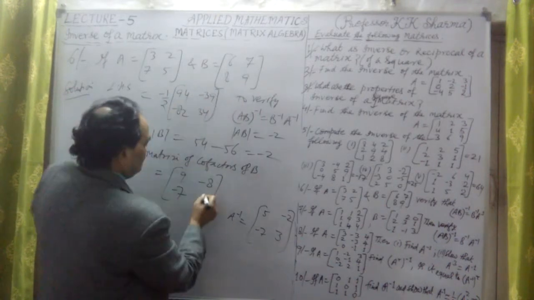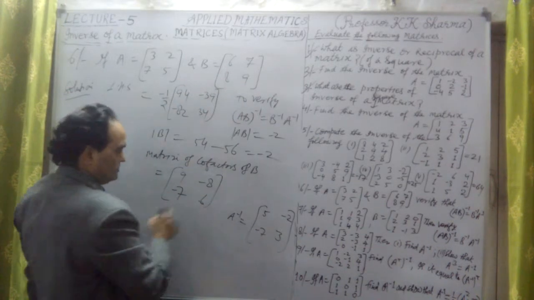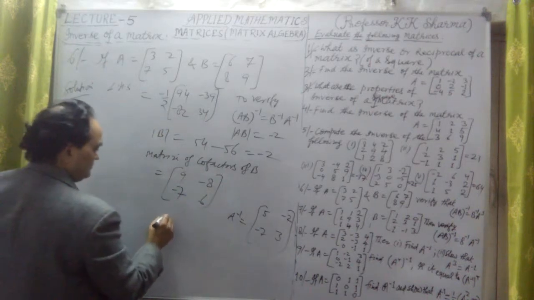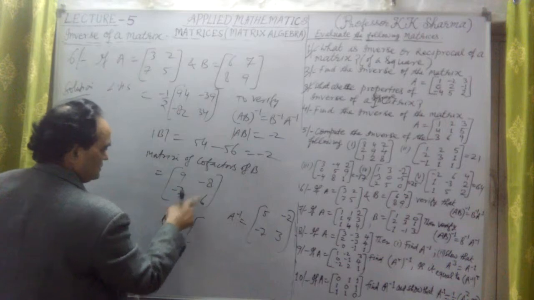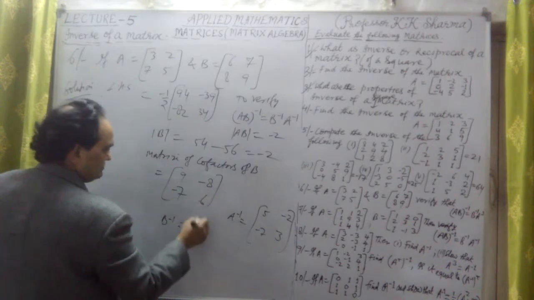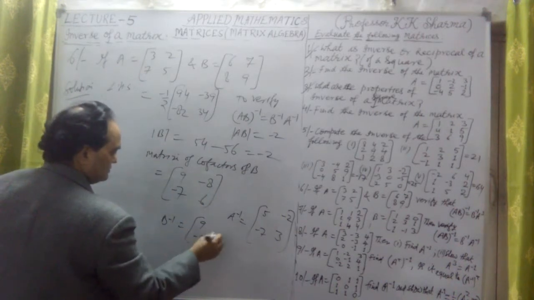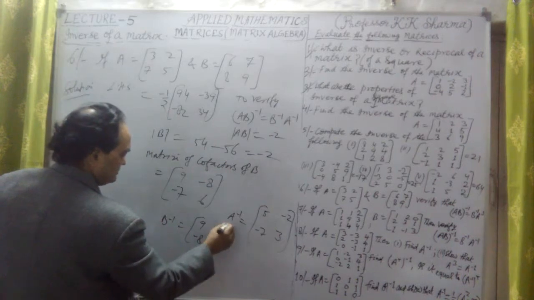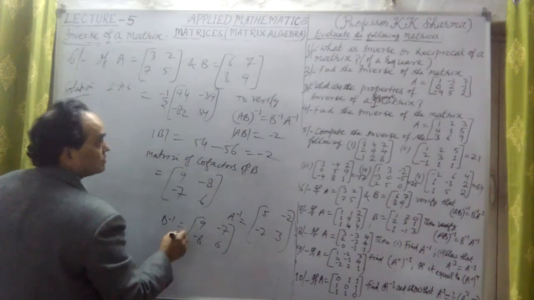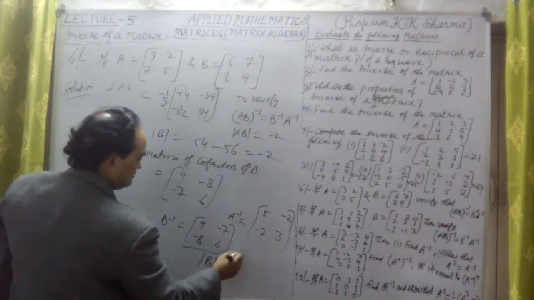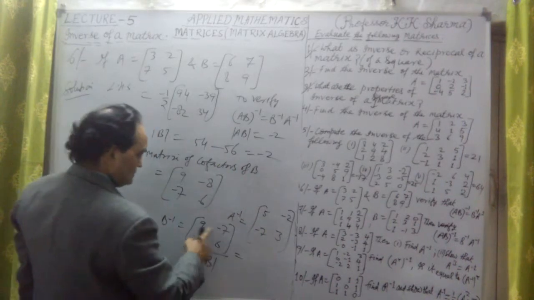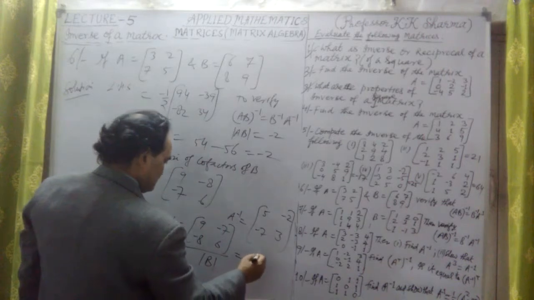Of 9 it will be 6, positive. Now transposing this, therefore B inverse is equal to the adjoint of this value, which is 9 and minus 8, minus 7 and 6, divided by the determinant, which is minus 2.